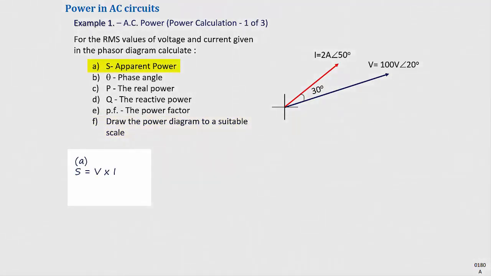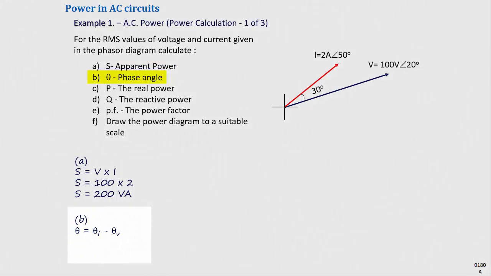Part A is to calculate the apparent power S. So, the apparent power S equals the supply voltage times the current. Substituting the values, apparent power S equals 100 times 2, which equals 200 volt amperes.